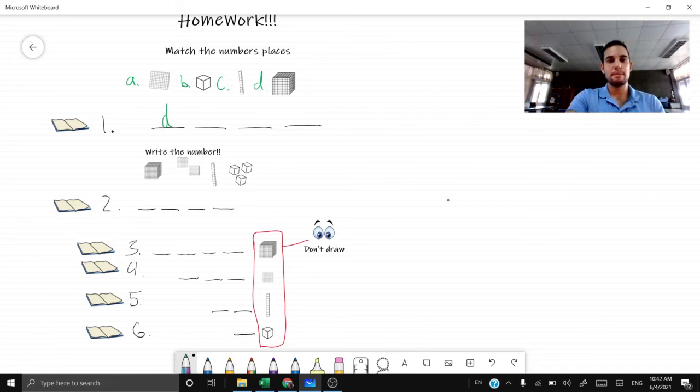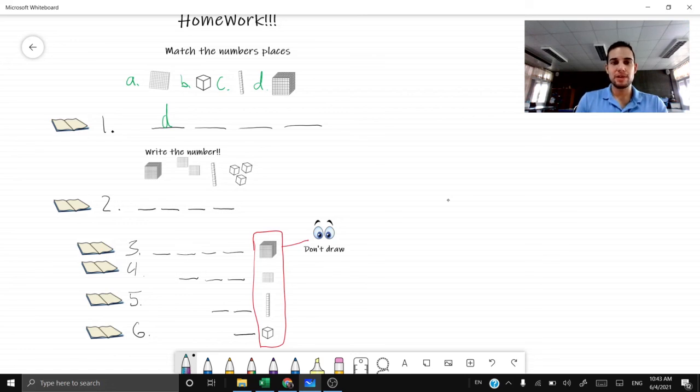Match the number places A, B, C, and D. Where will the place go? A is hundreds, B is ones, C is tens, and D is thousands. I did D for you already.